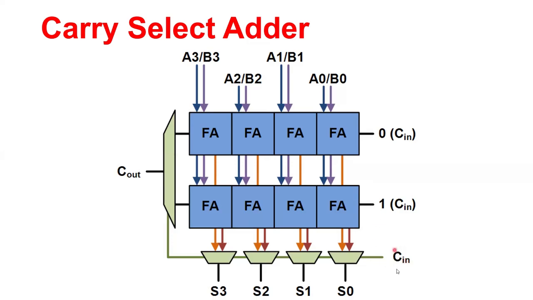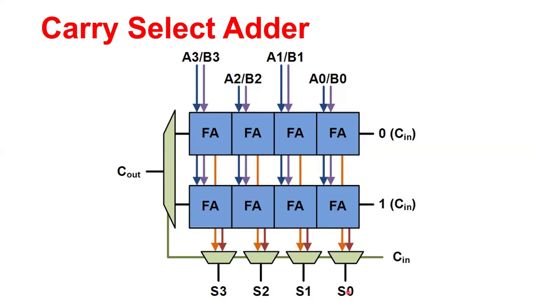Whether the C in was 0 or 1, if it was 0, then this top block is actually working, and its sum output is here that gets selected and connected to the final sum here.